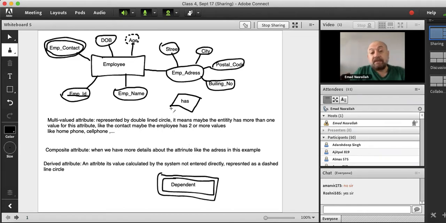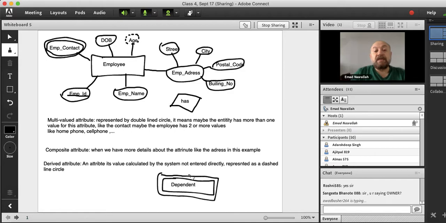Every time we have weak entities, we must have a relation between the weak entity and what we call the owner entity. Every weak entity has an owner entity, and there must be a relation between the weak entity and the owner entity.